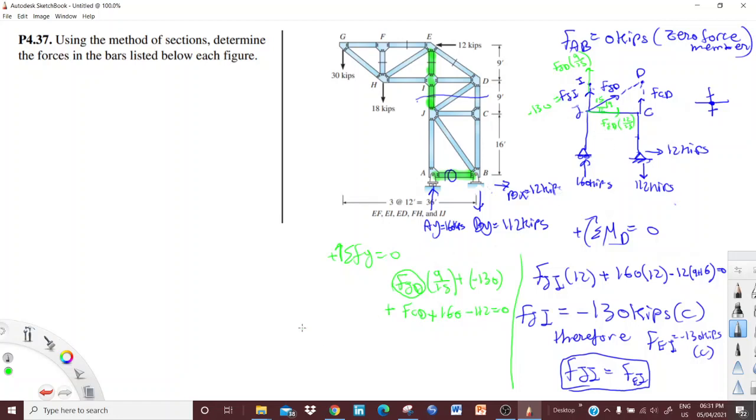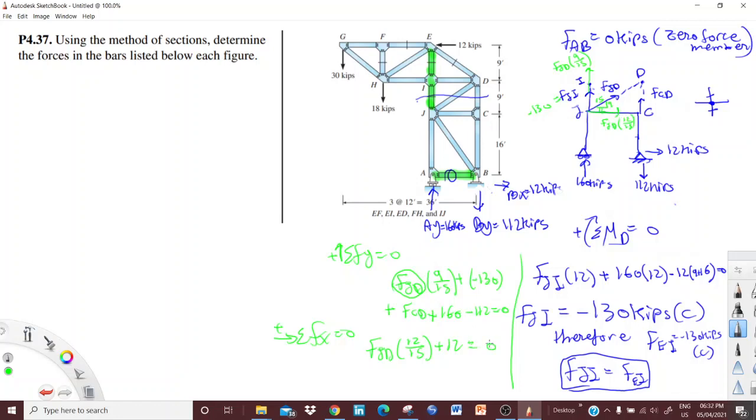We can find this right now with summation of Fx equal to 0 in order to find out FGD. So FGD is equal to 12 over 15 to the right side, plus 12. We have only two forces horizontally, equal to 0.